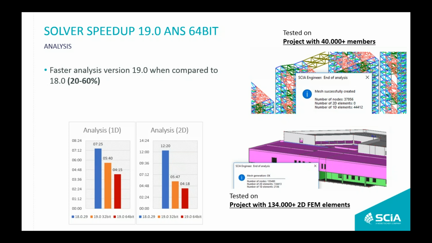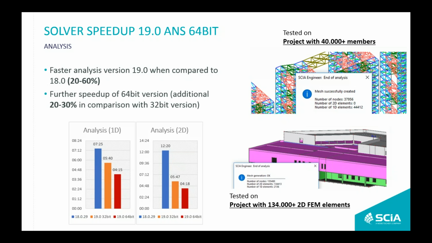This was tested on 2 different projects, one with a vast amount of beams, around 40,000, and also a project, in contrast, which was composed of 2D elements, slabs and walls. The bigger impact is with the 2D elements, where we get an improvement of about 60%, while for the beam analysis this is somewhat reduced.